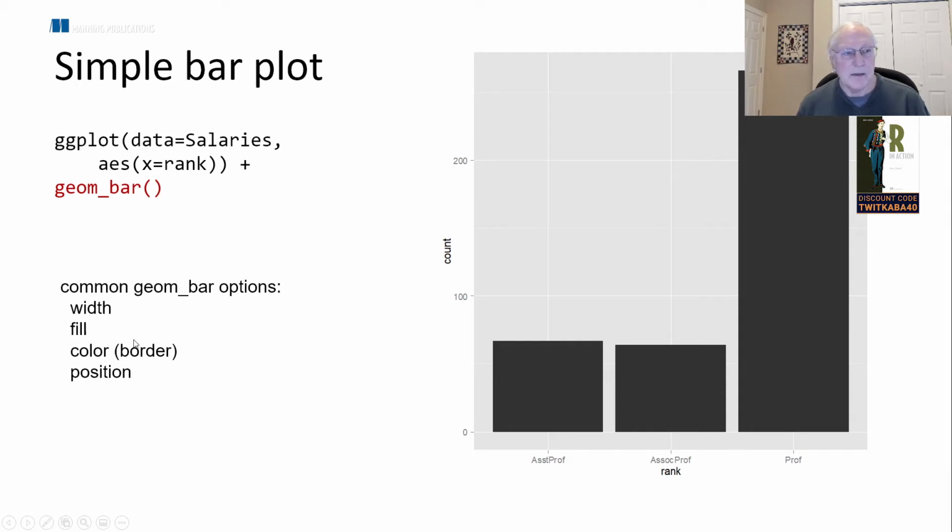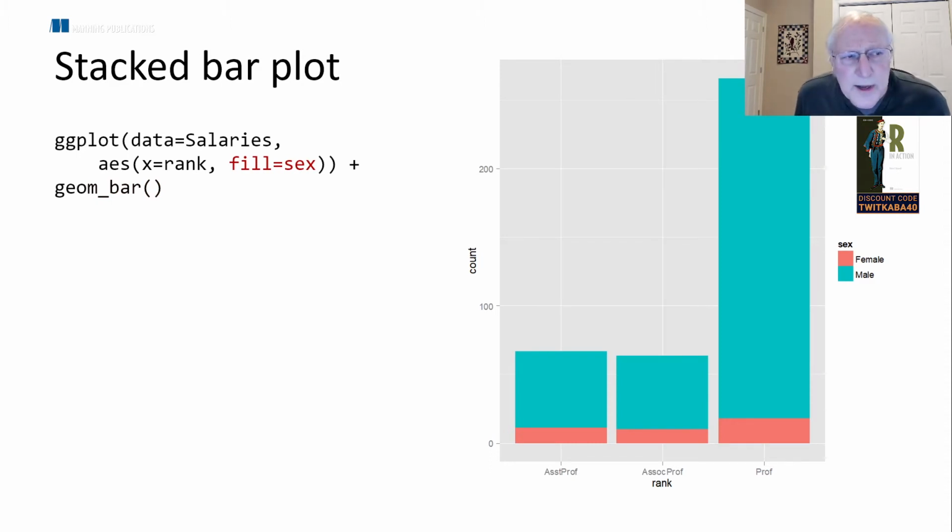So if I said color equals blue, I wouldn't get blue bars. I would get black bars that had a blue border around the edges. So whenever you see color in ggplot2, it's talking about lines, points, and borders. Fill is the color that you want for areas, like bars, and other things we'll see in a minute or two.